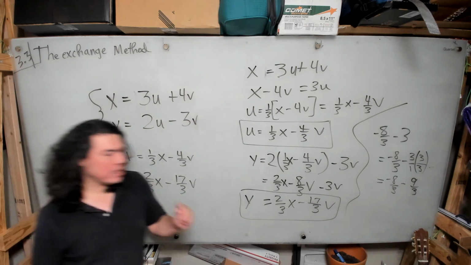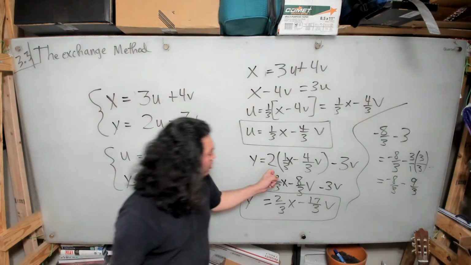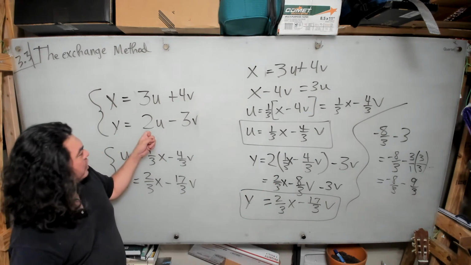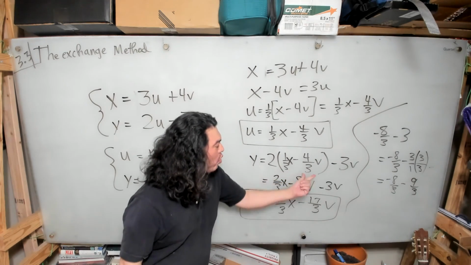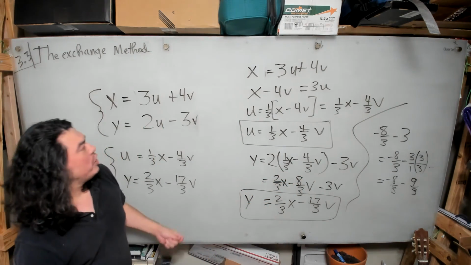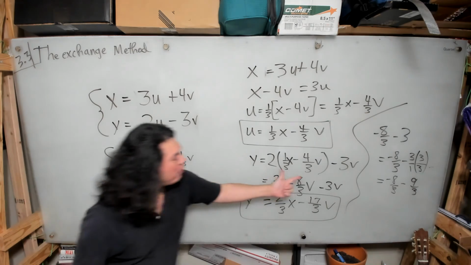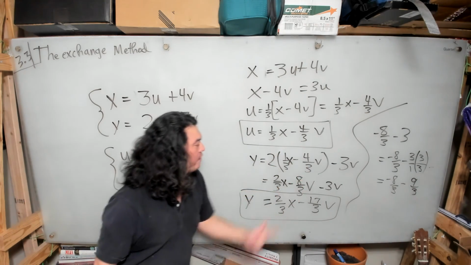Where does that come from? That comes from this part here. This 2, which is this expression here, is being multiplied by that coefficient there, which comes from our solving of the first equation for that variable.